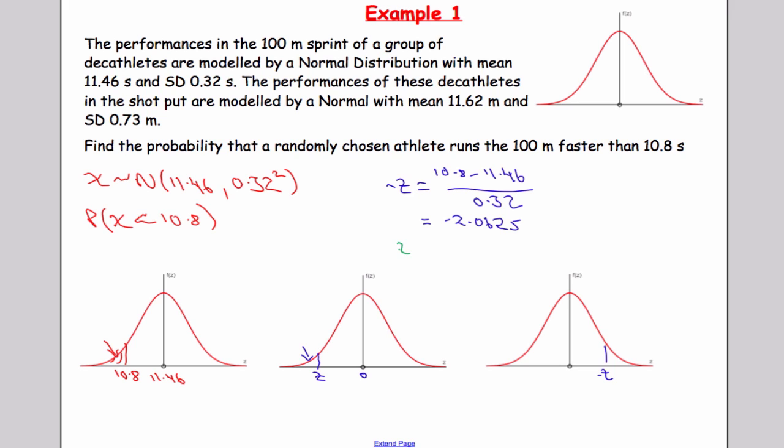Okay, now that's what negative z is. So z must be equal to 2.0625. So what I'm going to do now is look at my table and see if I can figure out what the probability of less than 2.0625 is.